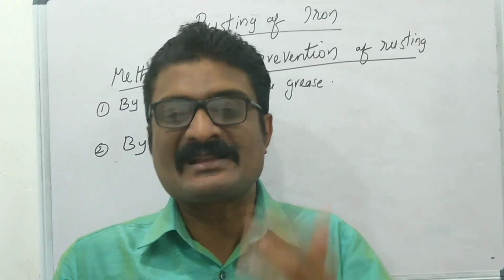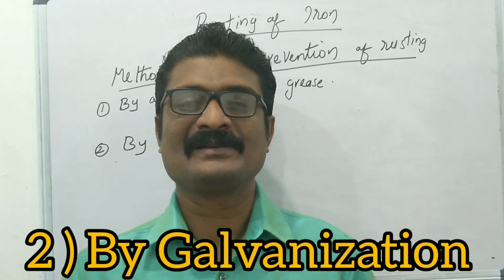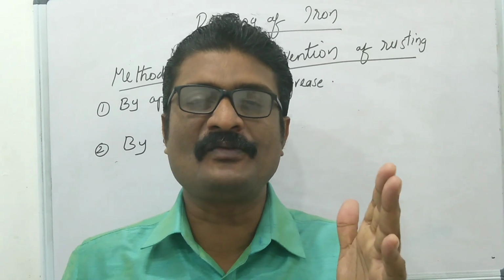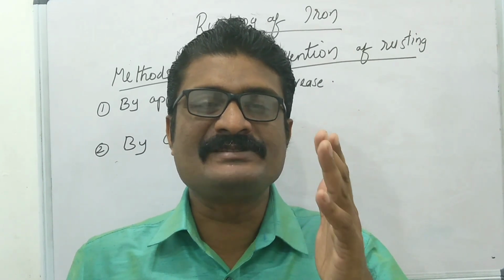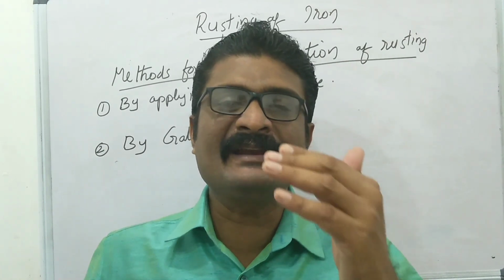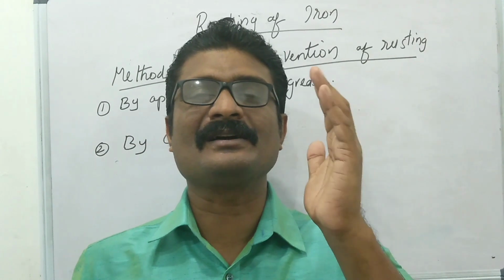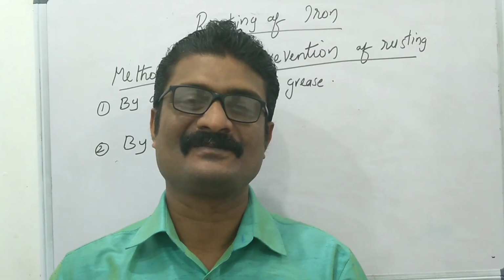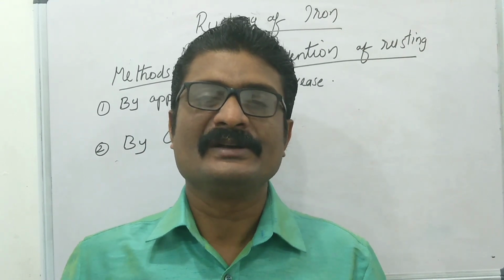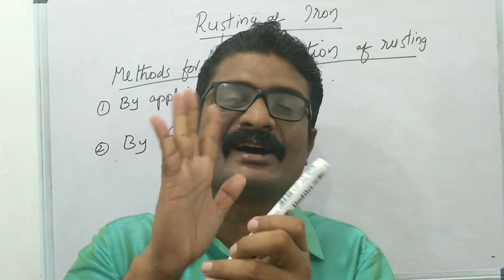Then the second method, by galvanization. What is meant by galvanization? Coating of an iron object with a thin layer of zinc is called galvanization.